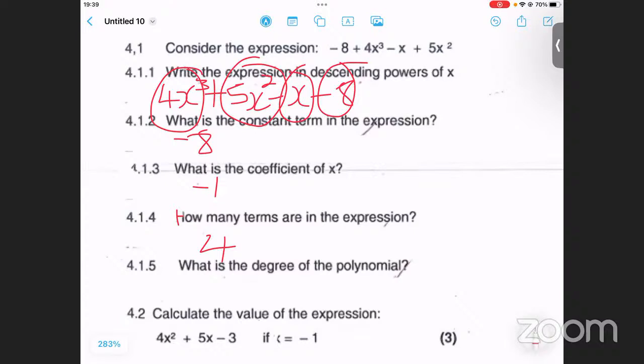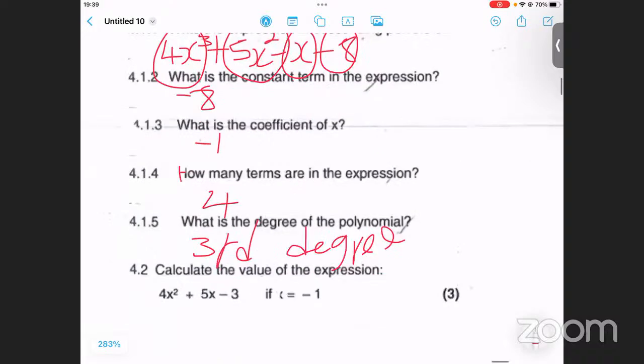Babalelo, do you agree with that? Yes, ma'am. Okay, perfect. So it's going to be third degree.